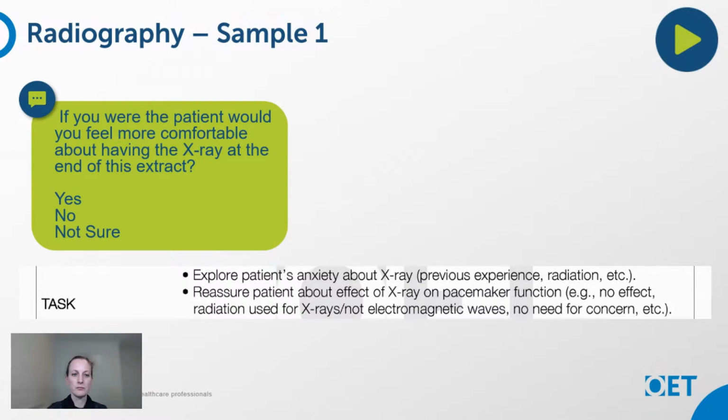So, if you have experience with the X-ray before, and yeah, I can reassure you that X-ray does have no effect on pacemaker. Yeah, unlike MRI, where they use magnet, where it's kind of like an effect. Strong magnet have an effect on pacemaker. So maybe in that case, you might be, maybe you should be worried and maybe you not be able to have an MRI scan. But this is X-ray. So normally X-ray just use the ionizing radiation and collect the send signal, and then the computer generate images, and so we be able to see it on the X-ray. And X-rays had no effect on that. So do you feel a bit better?